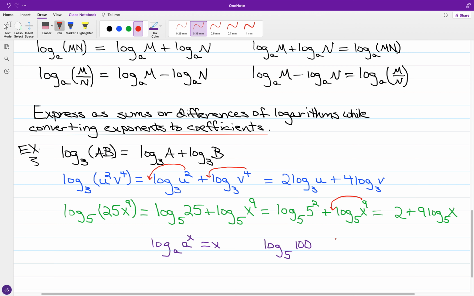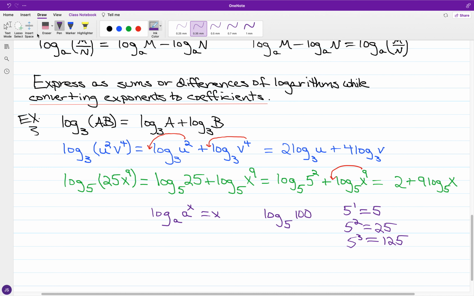Okay, so just to give you a case in terms of how I was able to reduce. Now we have 5 to the first is 5, 5 squared is equal to 25, and we've got 5 cubed is equal to 125.